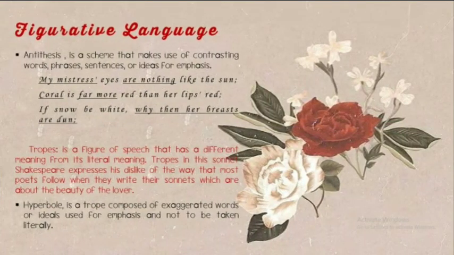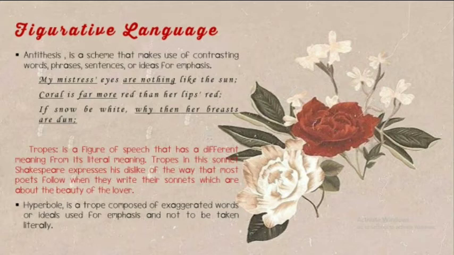And the next, antithesis. Antithesis is a scheme that makes use of contrasting words, phrases, sentences, or ideas for emphasis. Shakespeare's Sonnet 130 begins with a quatrain that is filled with antithesis and makes good use of caesuras.